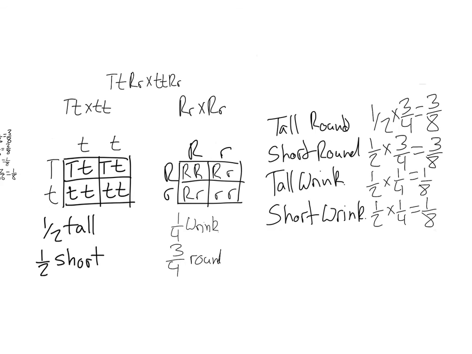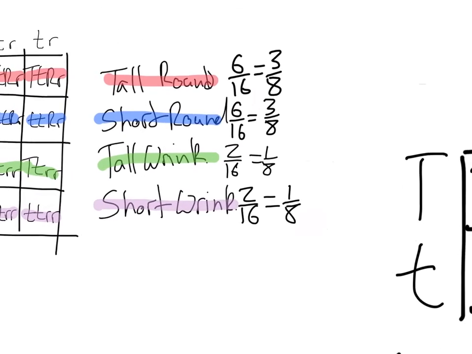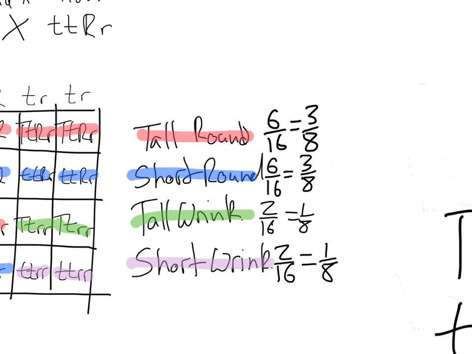So if you look, you get 3/8 tall round, 3/8 short round, 1/8 tall wrinkled, 1/8 short wrinkled, which is exactly the same as we got over here. 3/8 tall round, 3/8 short round, 1/8 tall wrinkled, 1/8 short wrinkled.